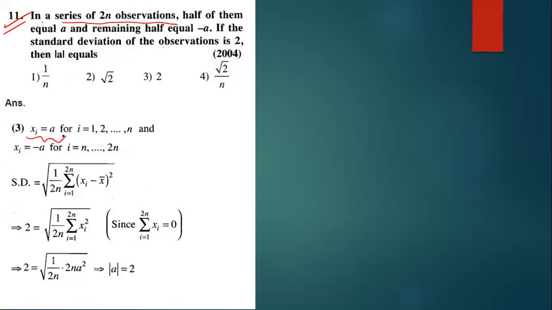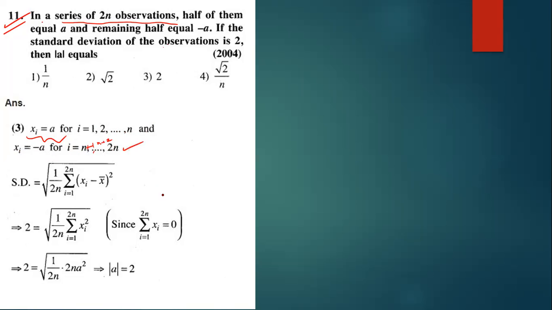Xi is equal to A, for i running from 1, 2, 3 and so on up to n. And Xi is equal to minus A for the remaining half, i starting from n plus 1, n plus 2, n plus 3 and so on up to 2n.